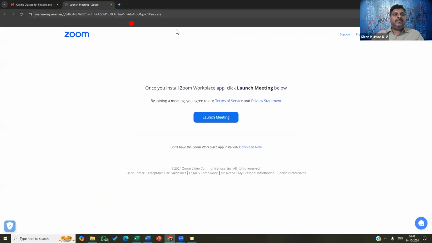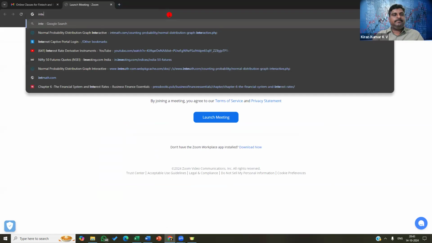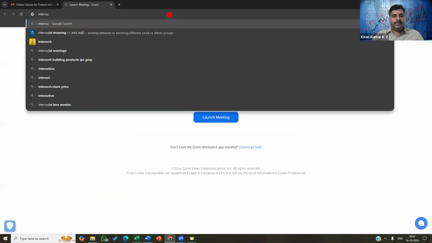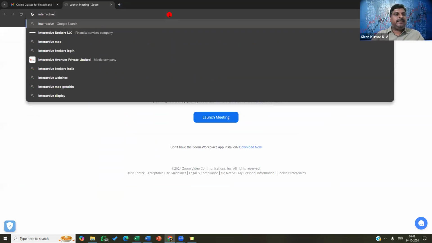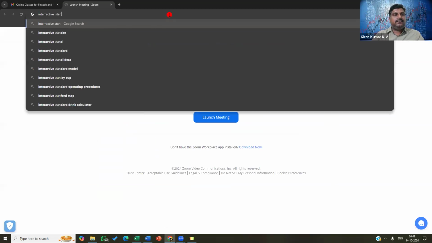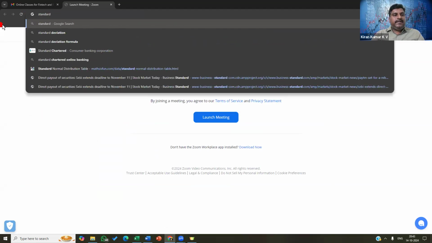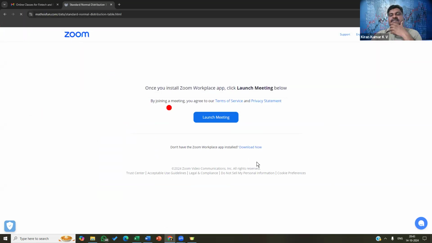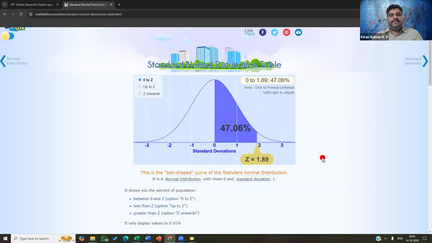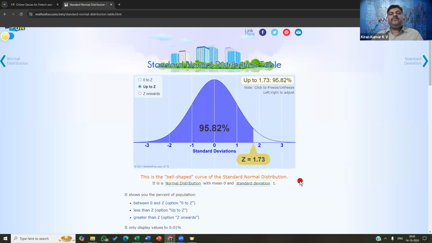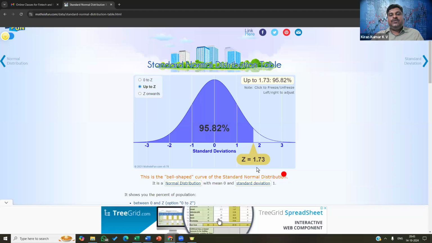Let's look at one small graph here. I'm using a standard normal distribution. There's a website where I can show you an interactive way. I'm sure some of you would be familiar with this. You watch the Z value here.